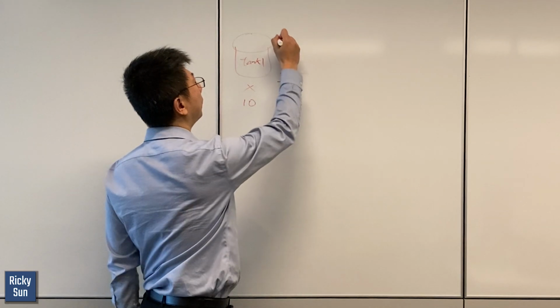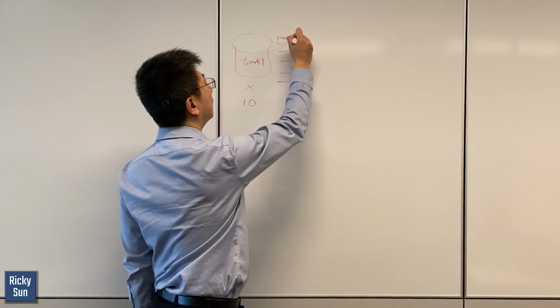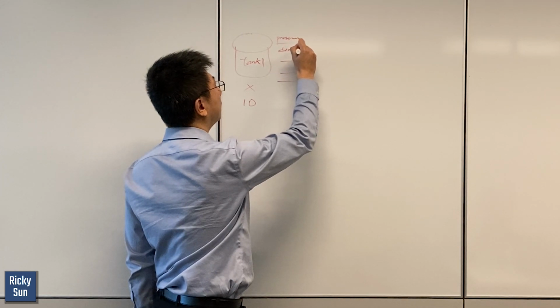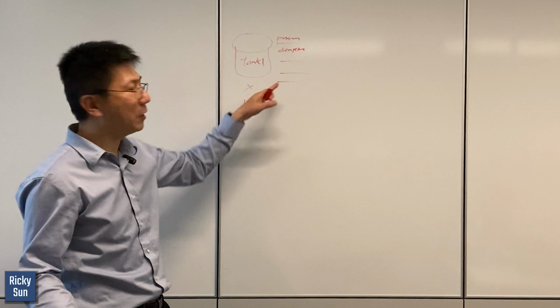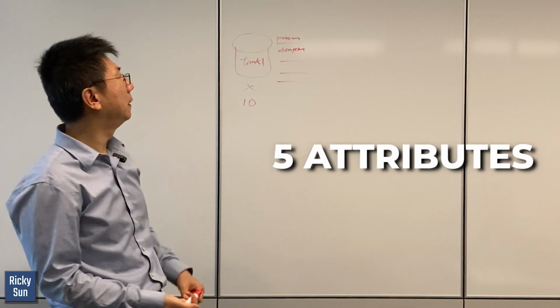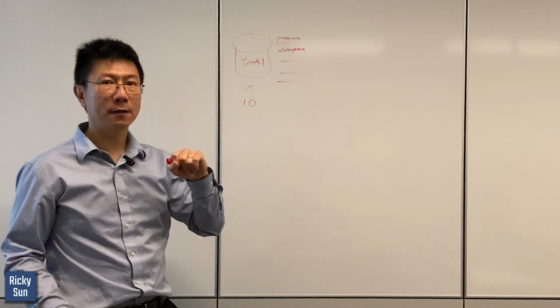It could have pressure, temperature, and maybe 5 attributes in each tank.